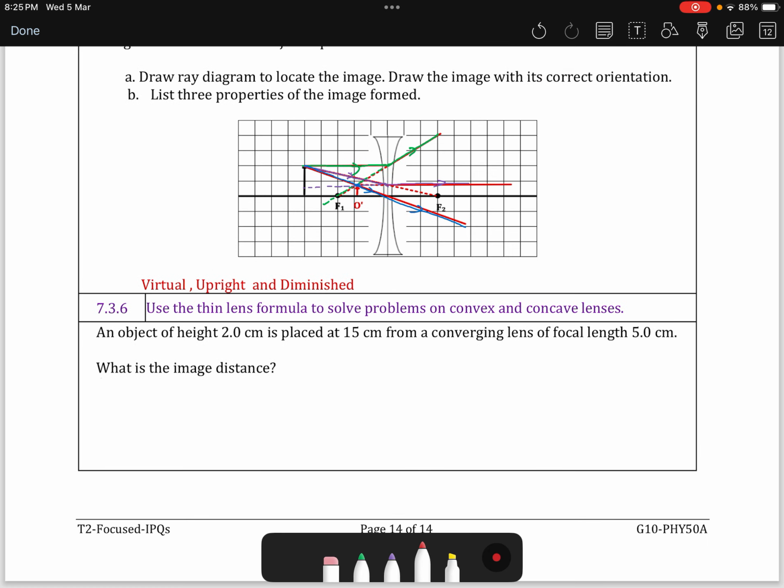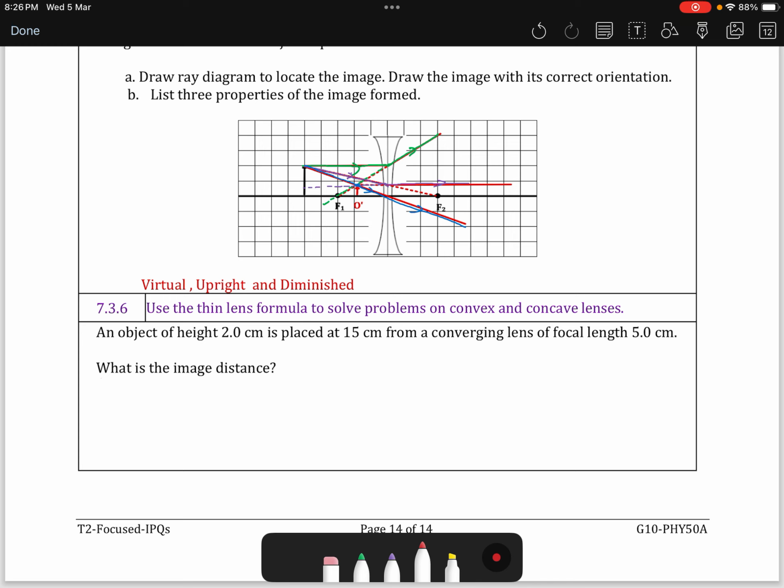And for this question, an object of height 2 centimeter is placed 15 centimeter from a converging, that means convex, lens of focal length 5 centimeter. What is the image distance?